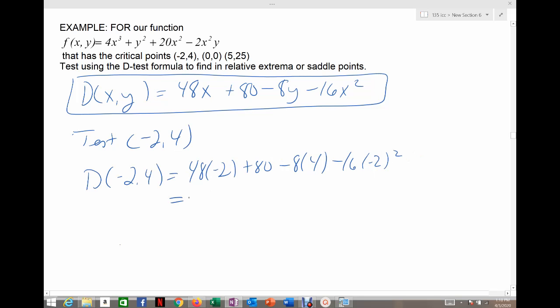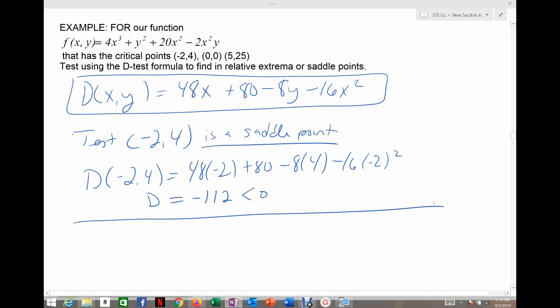When you plug all that in, it comes out -112, less than 0, and I'm done. As soon as my D formula comes out less than 0, that means this is a saddle point, meaning it is neither a max nor a min.